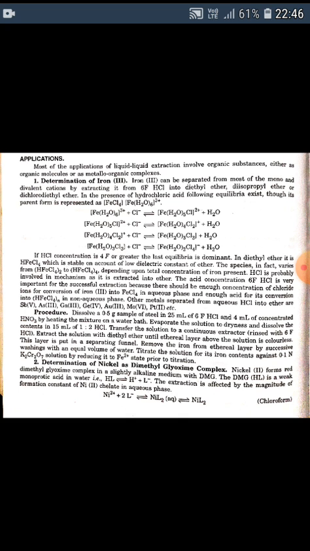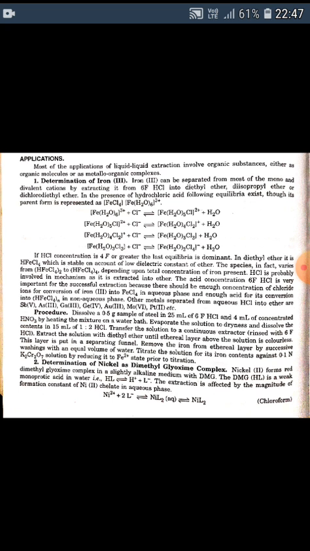The next application of solvent extraction is the determination of nickel by synergistic extraction. Nickel is rapidly and quantitatively extracted using dithizone and 1,10-phenanthroline over a broad pH range of 5.5 to 11. It forms a highly colored mixed ligand complex having an absorption band at 520 nanometers.